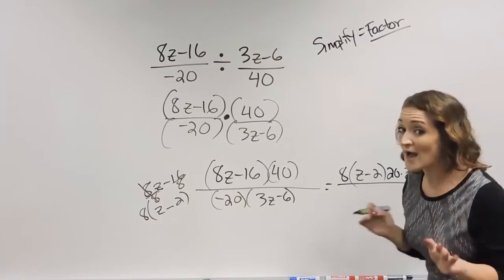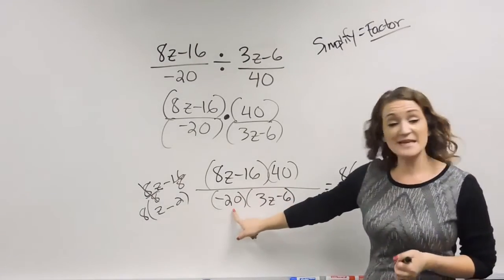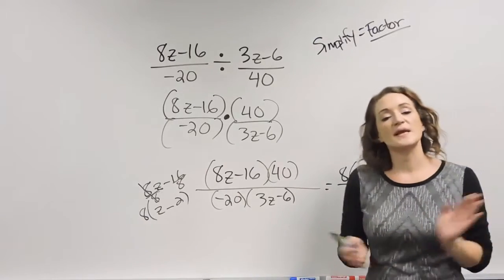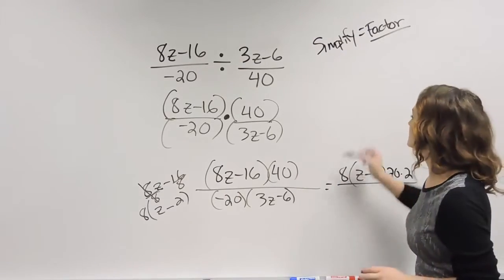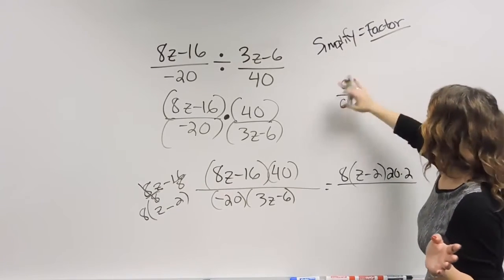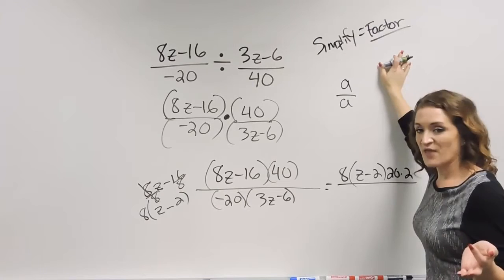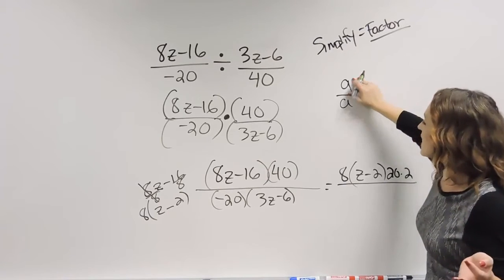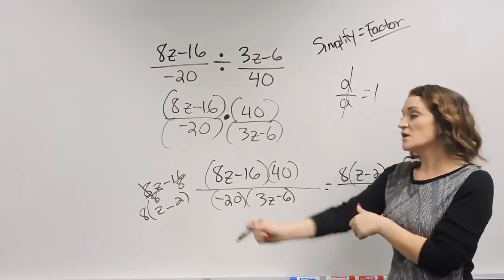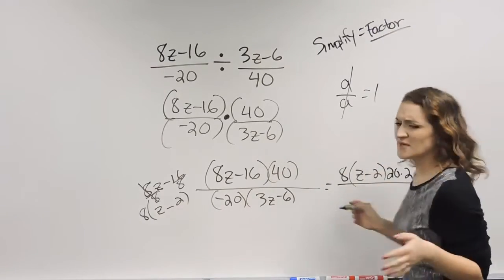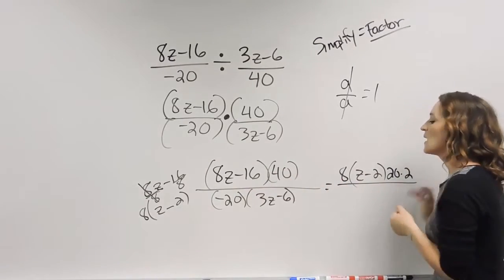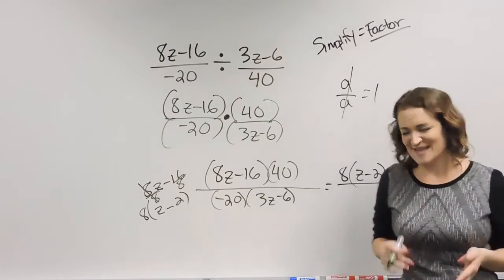The reason I'm going to stop there is because I see I have a 20 in my denominator. And what we're going to do in a little bit is cancel some things. When it comes to canceling, we use this thought: if we have the same thing over the same thing, we cancel that out to a 1. The whole reason we're factoring this problem is that we're hoping that after factoring it, we may be able to cancel some things out.